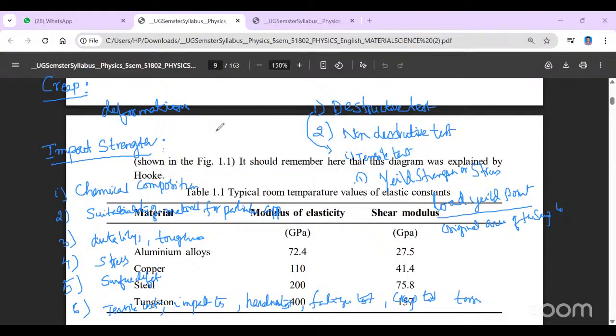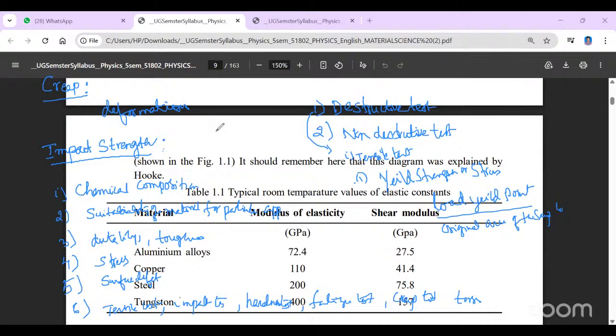We can calculate Young's modulus, that is the stress by strain: the stress at any point within the elastic region divided by the strain. We'll call it Young's modulus. Similarly, we can calculate the breaking stress, that is the breaking load divided by the original area. This is under yield strength or stress.